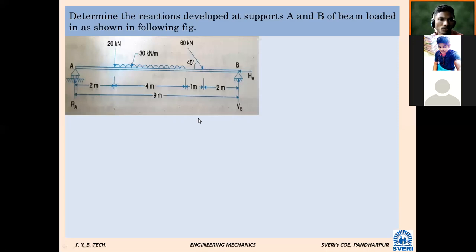So this problem we will now start to solve. So what is our regular procedure to solve this problem? We are just checking which is the type of beam, which are the types of support.